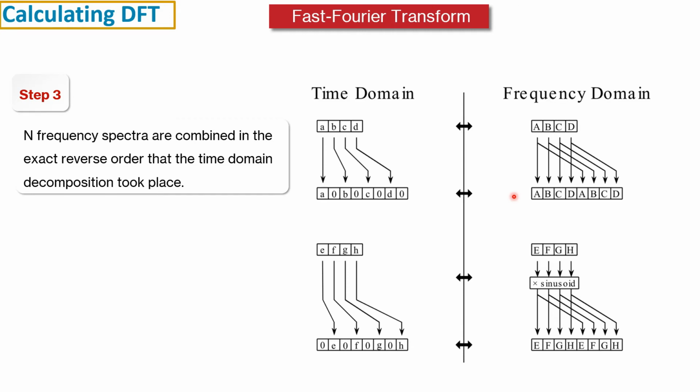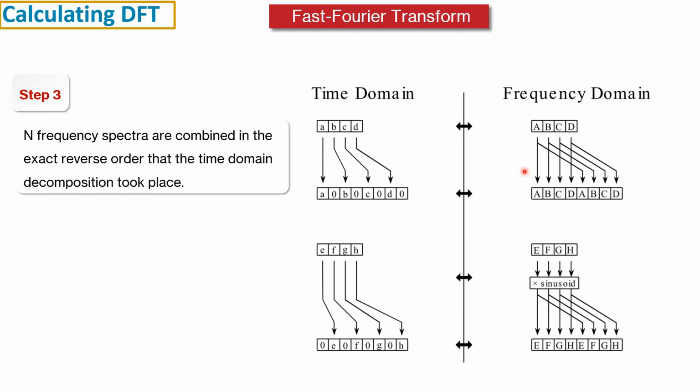Remember that in decomposing, a 16-point signal was divided into two 8-point signals, then each 8-point signal into two 4-point signals, each 4-point signal into two 2-point signals, and each 2-point signal into two 1-point signals, right?